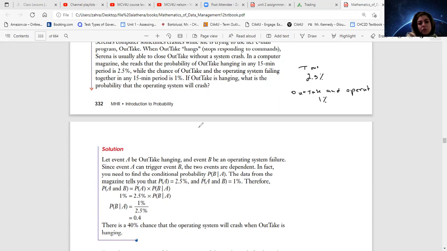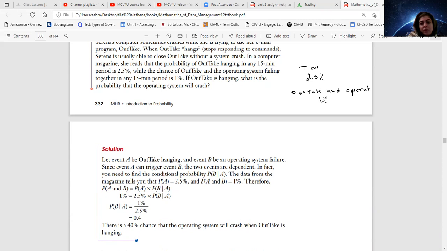If you look at the rule, P of A and B is equal to P of A multiplied by the probability of B when A has already happened. P of A is the probability that Outlook hangs, and P of A and B means both happening at the same time, which is given.